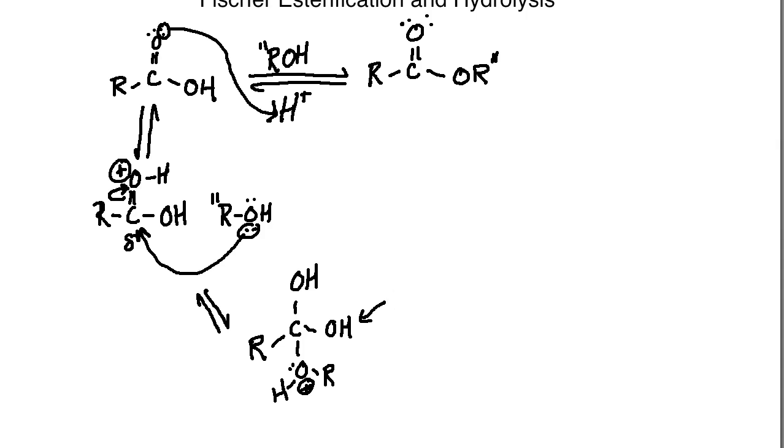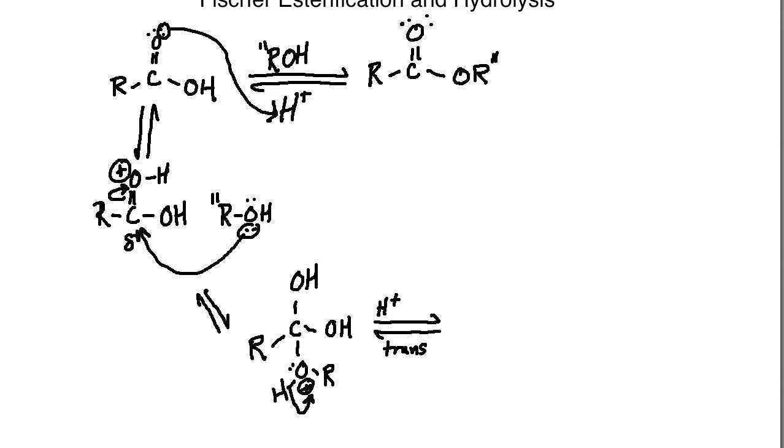Okay, so as we continue along, the next step, now you can show this by getting the proton to leave and to actually transfer it, but a lot of times I just like to write H transfer. Okay, so what's going to happen is the proton right here is going to give electrons back to this oxygen, and one of the two OH groups is going to pick it up to form water.